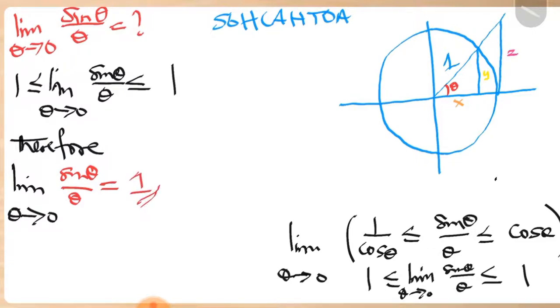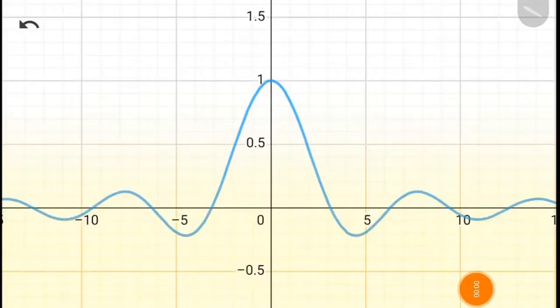And to get a more visual explanation, I'm going to show you a graph right now. To get an appreciation for the limit problem we just solved, here I've plotted the graph of sin theta over theta. From our solutions, we found that the limit as theta approaches 0 of sin theta over theta, the value of the function approaches 1.